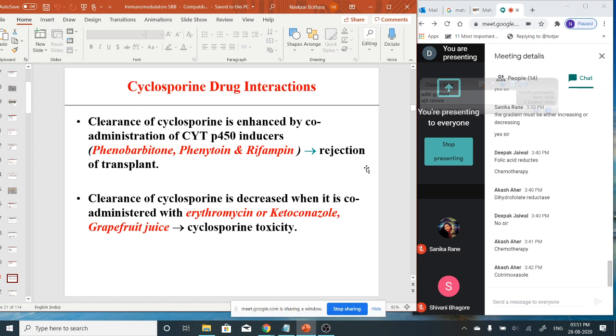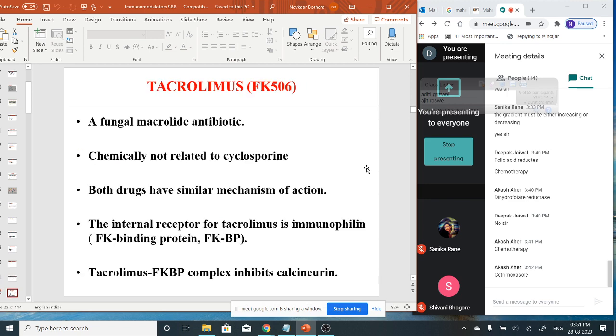Decrease in the plasma concentration will cause rejection of the transplant. Clearance of cyclosporin is decreased when it is co-administered with erythromycin or ketoconazole, grapefruit juice, which cause inhibition of enzymes, or they compete with the enzymes. So it will cause accumulation and therefore toxicity.